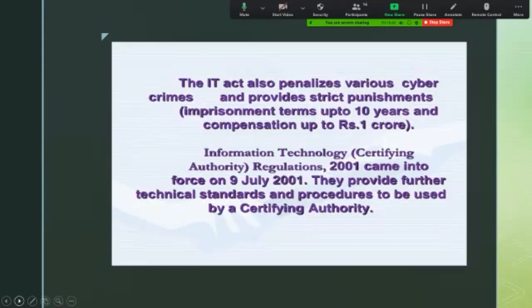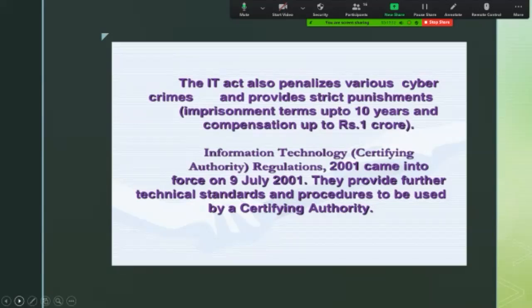The IT Act also penalizes various cyber crimes and provides strict punishment, an imprisonment term up to 10 years, and compensation up to ₹1 crore. These are the different penalties that are imposed after committing cybercrime.